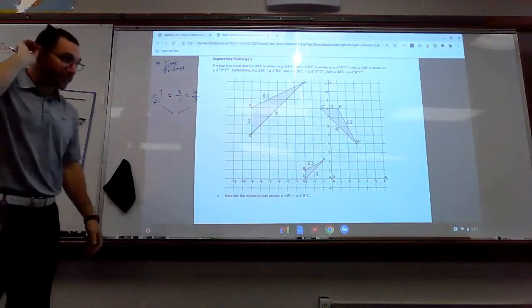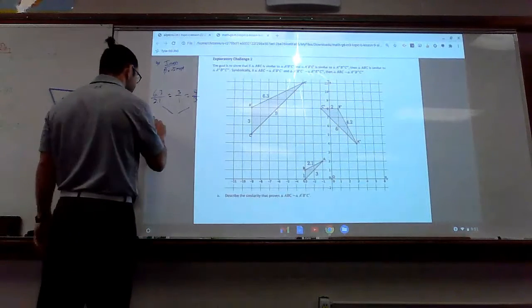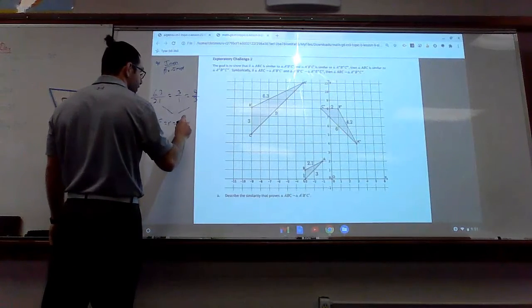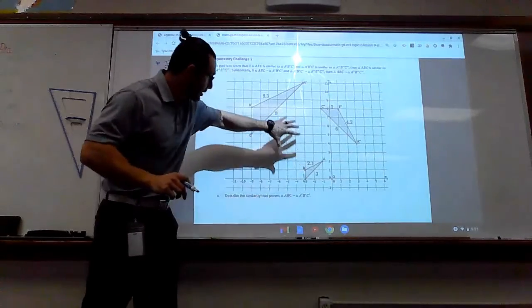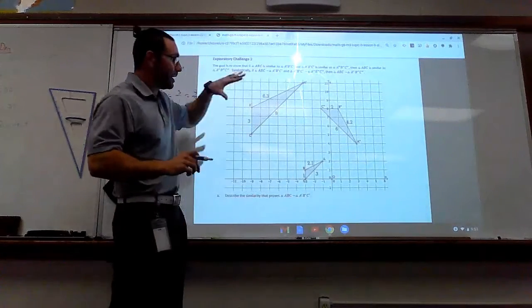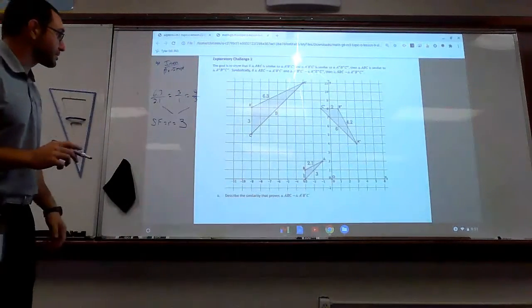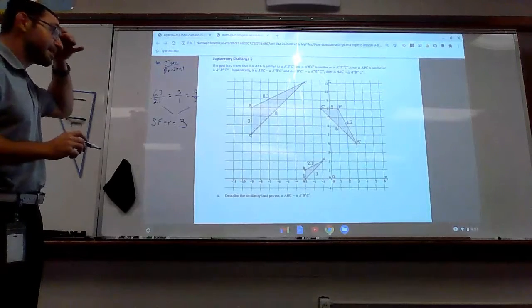All of those, if we take our calculator and we divide, my scale factor, which is R, is 3. Does that make sense? Did it enlarge from ABC to A prime, B prime, C prime? Absolutely. Okay, so that's an enlargement.